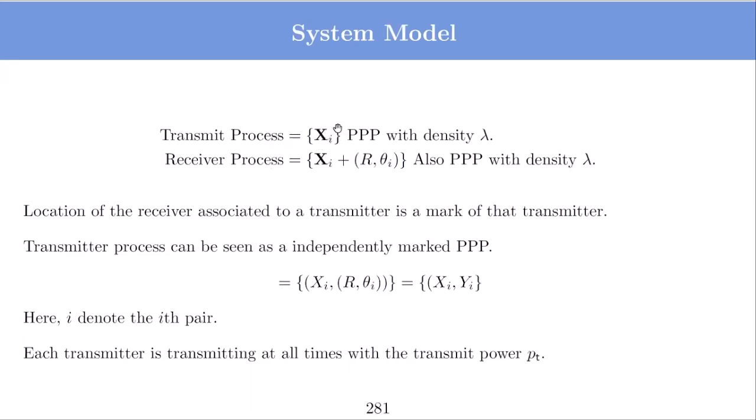For each transmitter at Xi, we associate the location of its paired receiver, or you can just store the distance, and from that one can calculate the actual location. So you can take (r, theta) as a mark, or you can take Xi plus (r, theta_i), which is Yi, as the mark of Xi.